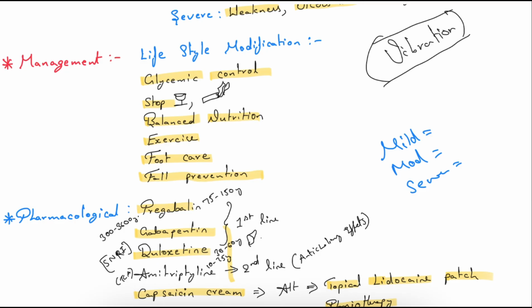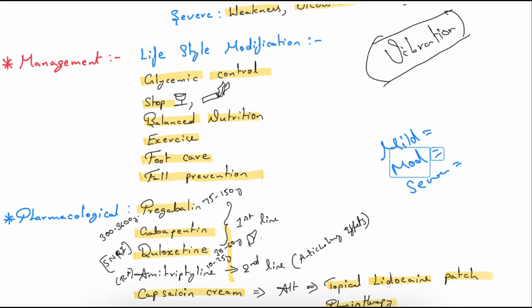The vibration and proprioception sensation will go away earliest, so that's why we have to check vibration. Next, a common reflex lost is the ankle reflex, which will reduce. Demyelination means we have to think about reduced conduction velocity. Axonal damage means reduced amplitude. These are the two main things we always have to remember.